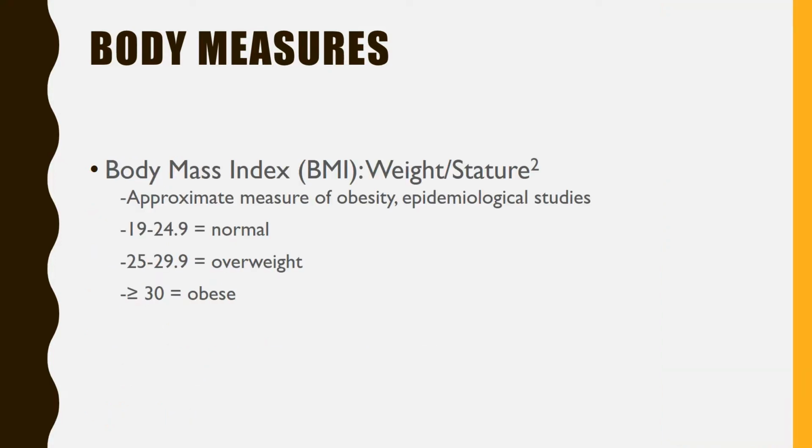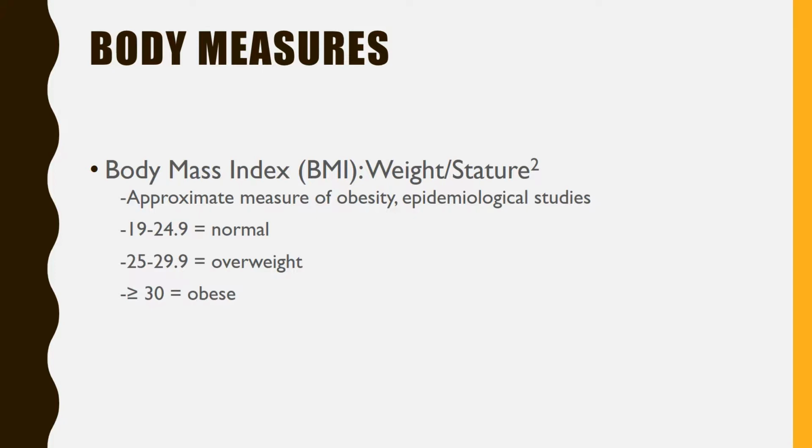Body mass index is the combination of weight and stature, where weight is measured in kilograms and height or stature is measured in meters. BMI, or body mass index, is most often used for epidemiological studies. Typically it's used as an approximate measure for obesity and as a risk factor for many diseases.